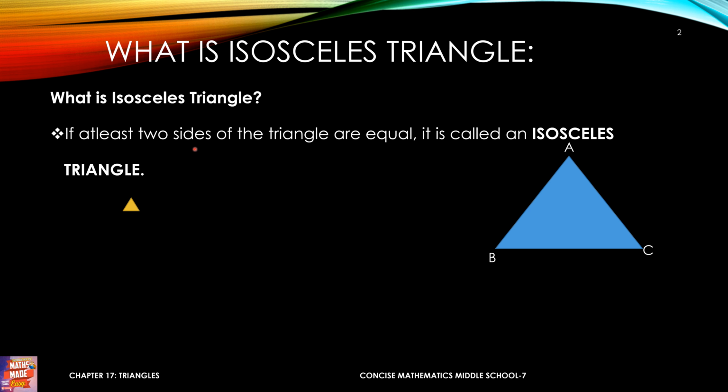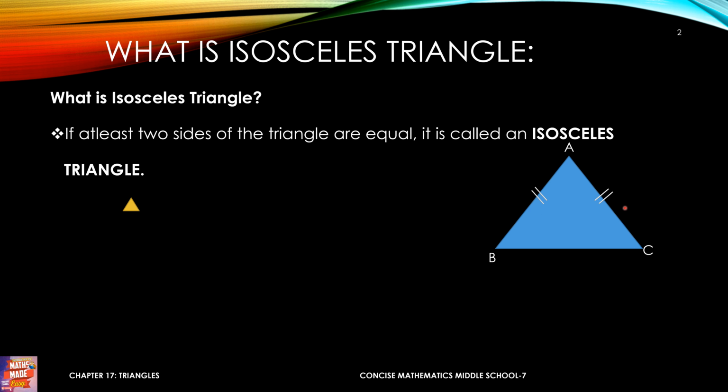Next, here we are saying at least two sides are equal. See children, whenever they give a diagram, can you see the parallel lines? Whenever you see these parallel lines, that means these two sides are equal. If these parallel lines are placed on two sides of a triangle, then you can simply say that it is an isosceles triangle.